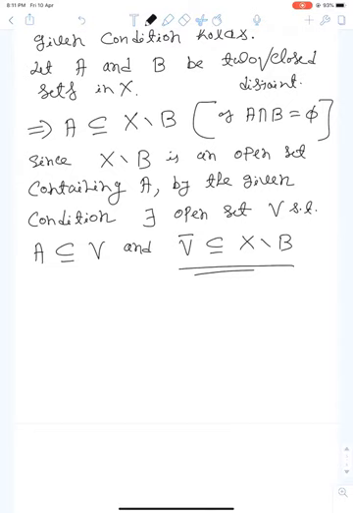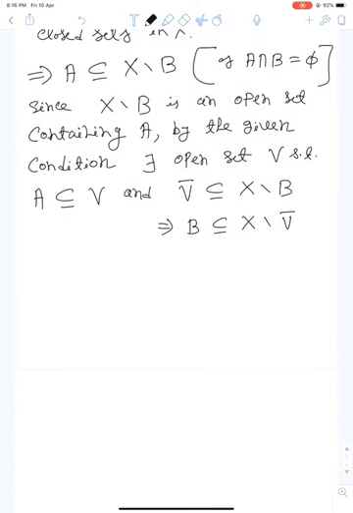Now this implies B is a subset of X minus V closure.